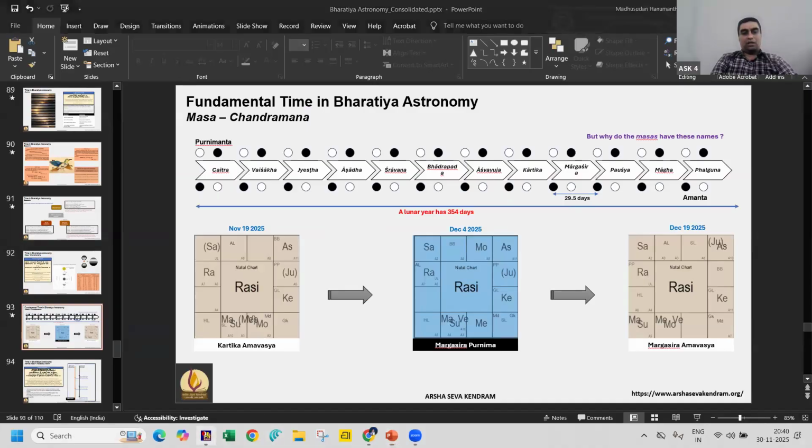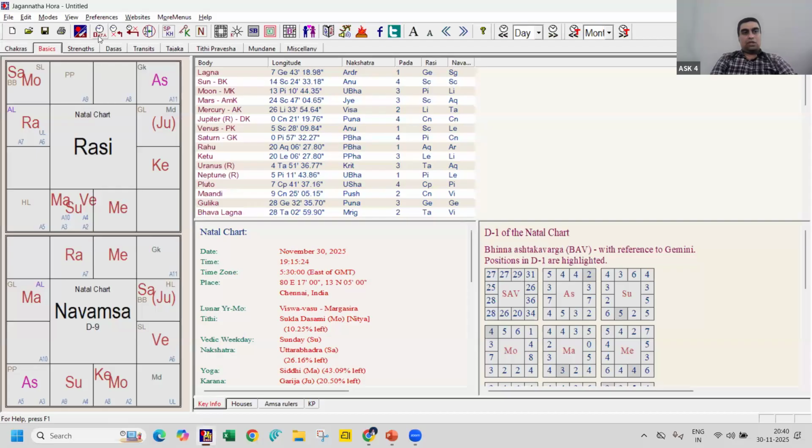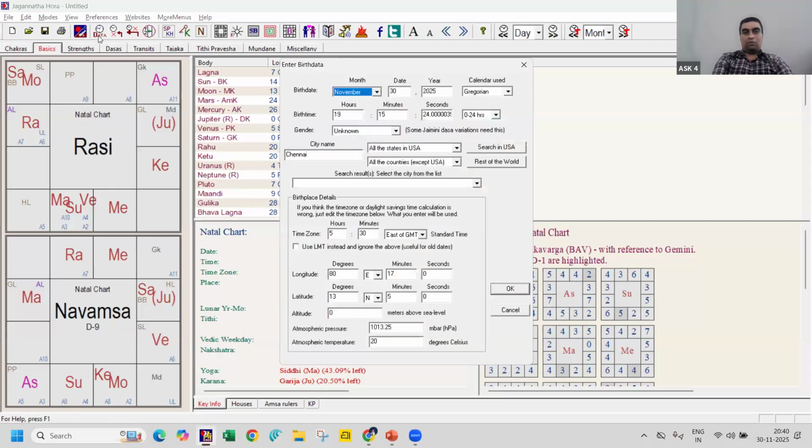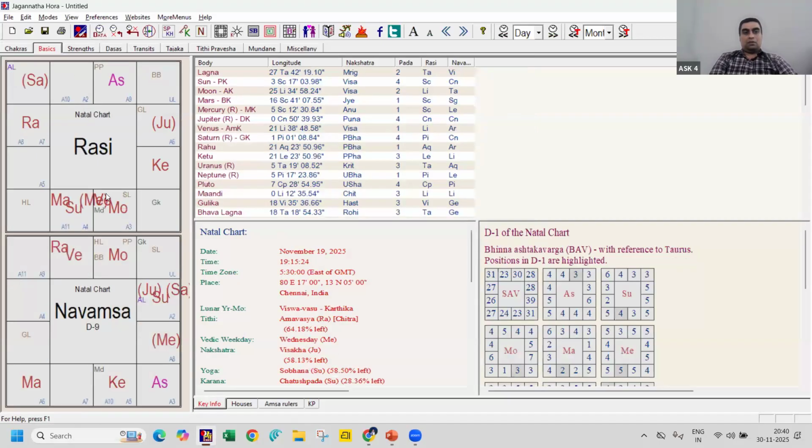So let me just quickly show this in J-Hora. We have November 2025, right? So you see that the moon is in 25 Libra and the sun is in 3 Scorpio, right?